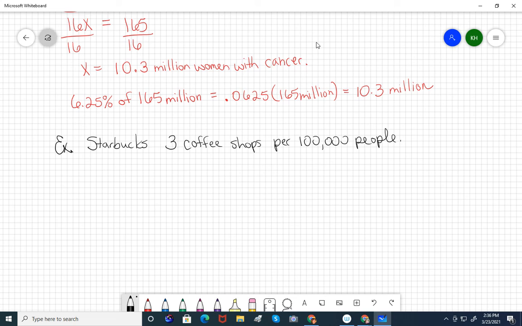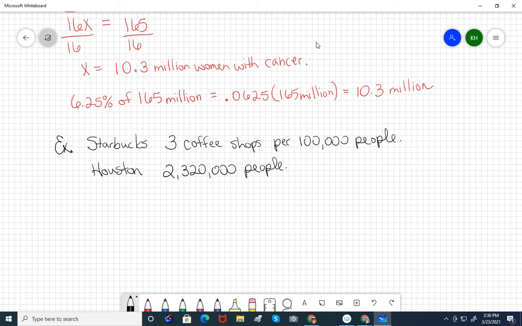Okay, let's see if I can find out the population of Houston. I'll Google that on my phone super quick. Houston has a population of 2,320,000 people.